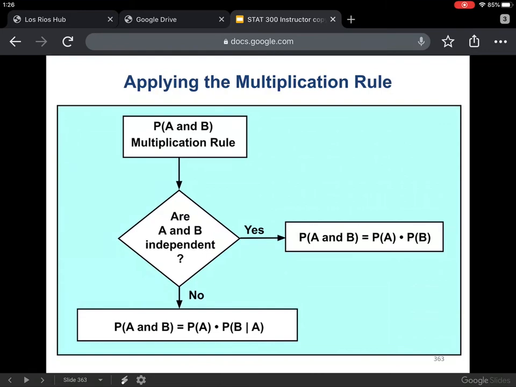If I have probability of A and B happening, the multiplication rule says you need to ask yourself, are A and B independent? If they are independent, then you just multiply the two probabilities. If they're not independent, then you need to find the probability of B given that A has occurred and multiply that by probability of A. Okay, so hopefully this helps. Now in the next video, let's try some more application exercises and finding the probability using multiplication.